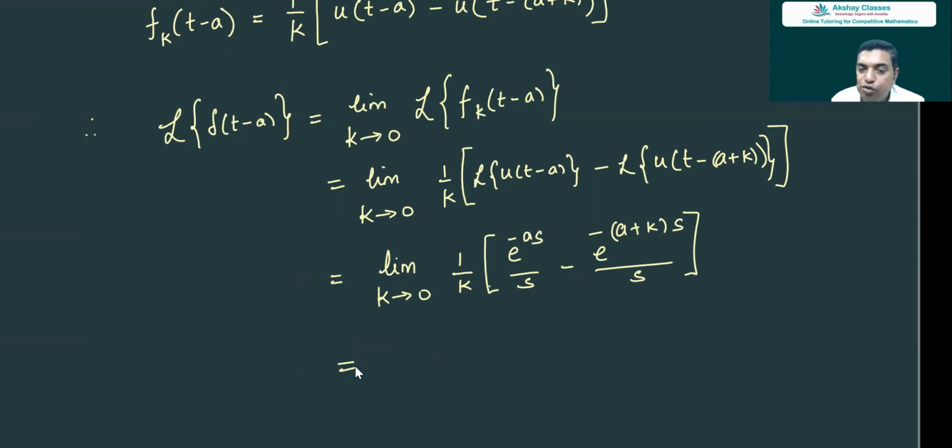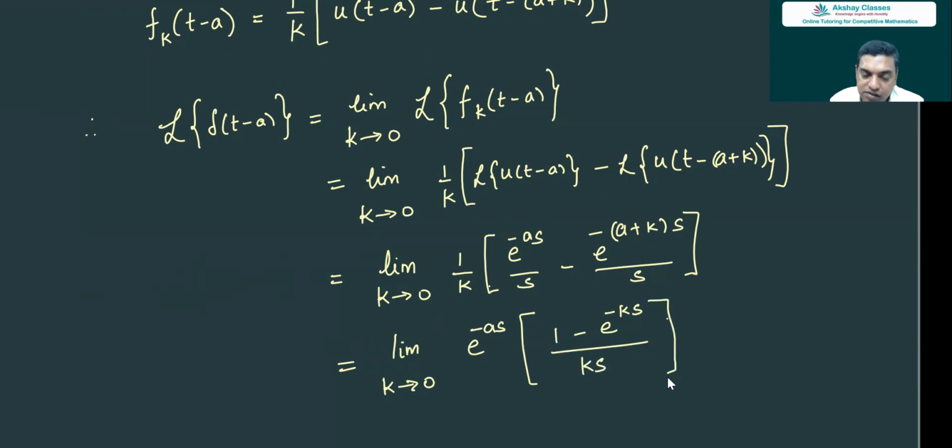Now as k tends to 0, what happens? So now what we do is limit k tends to 0, e power minus as we can take common, you get 1 minus e power minus ks upon ks. Now this e power minus as is constant because we are talking about k tending to 0.